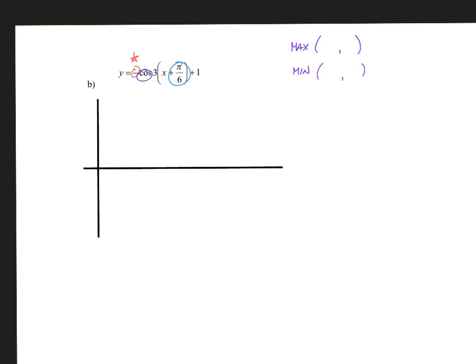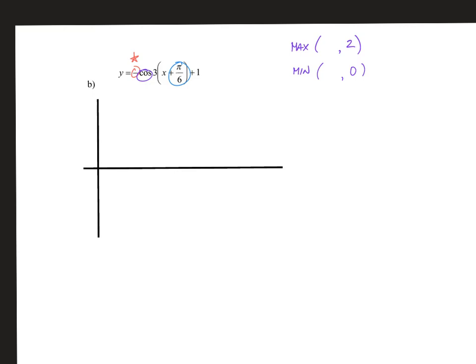The only thing that's going to affect the max or min value is the +1. So my normal cosine curve has a max at 1. This cosine curve is going to have a max at 2 because of the vertical shift. Your cosine curve normally has a minimum of -1. I shift it up 1, which gets me to a minimum of 0.